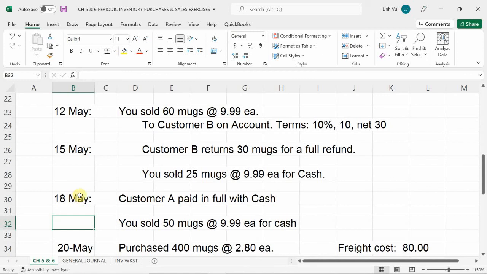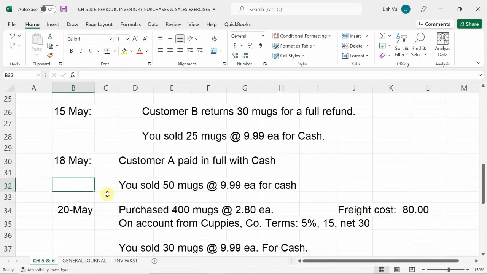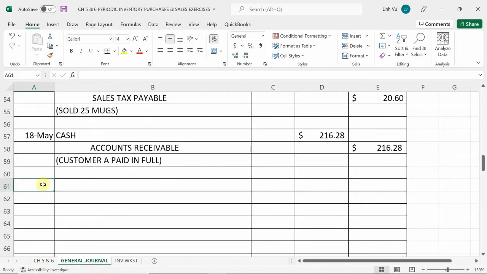The customer is. Okay. So last transaction we'll do here is going to be we sold 50 mugs for $9.99 each for cash. So in this case, let's go ahead and journalize that. We sold 50 mugs for cash. Okay. So in this case, how do I journalize this?